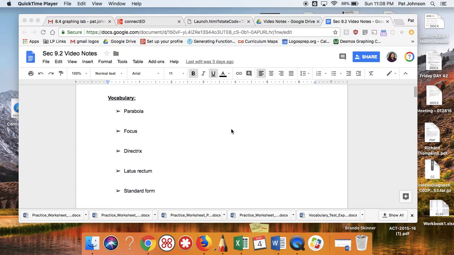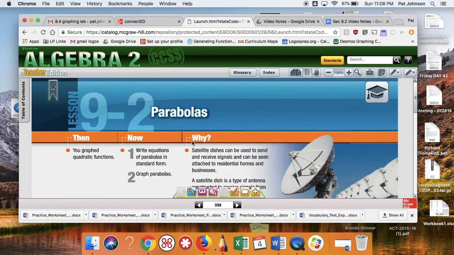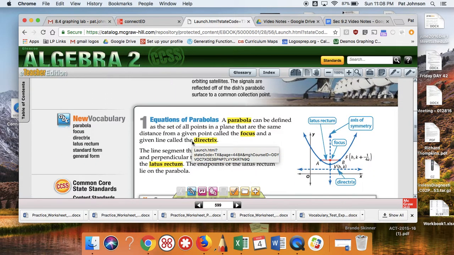Now, let's look at the vocabulary. It kind of all goes together. So what is a parabola? The formal definition of a parabola is a set of all points in a plane that are the same distance from a given point called the focus. So here's a vertical parabola that opens up, with this focus and a given line, the directrix.